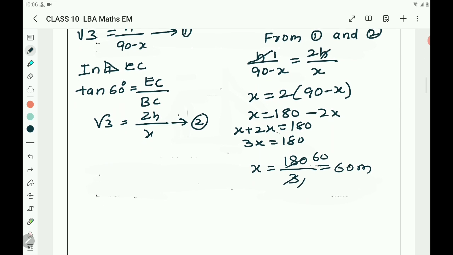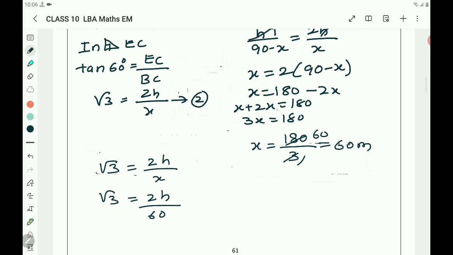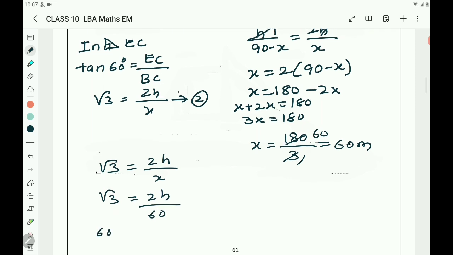Then you write root 3 is equals to 2h by x. That is root 3 equals 2h by x is 60. 60 you can cancel here. 2 1s are 2, 30s are 60.